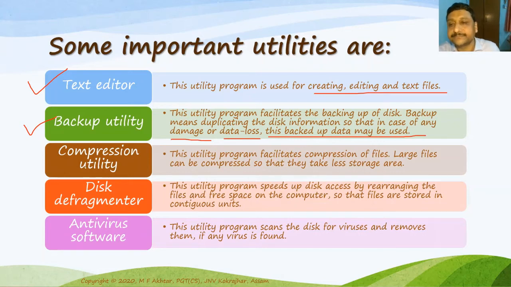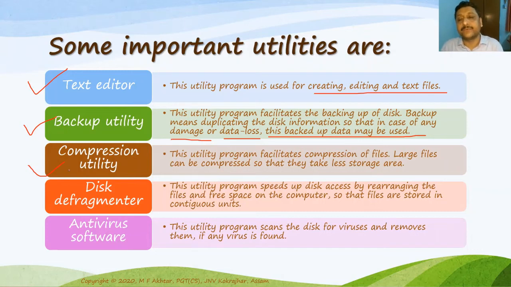Compression utility. As we know, computers have large storage capacity, but this large storage capacity sometimes becomes less. For that time, we can compress some large programs, large data to take small space in our storage devices. For that purpose, compression utility is there.